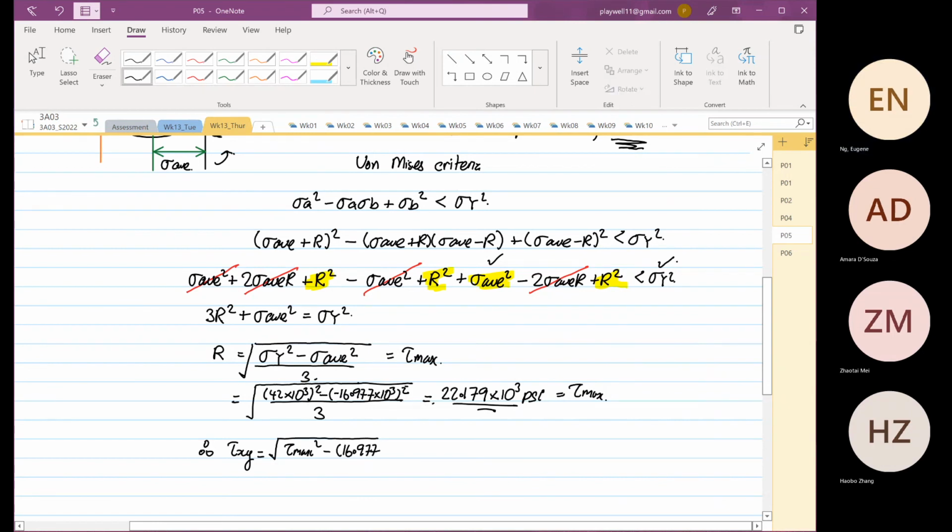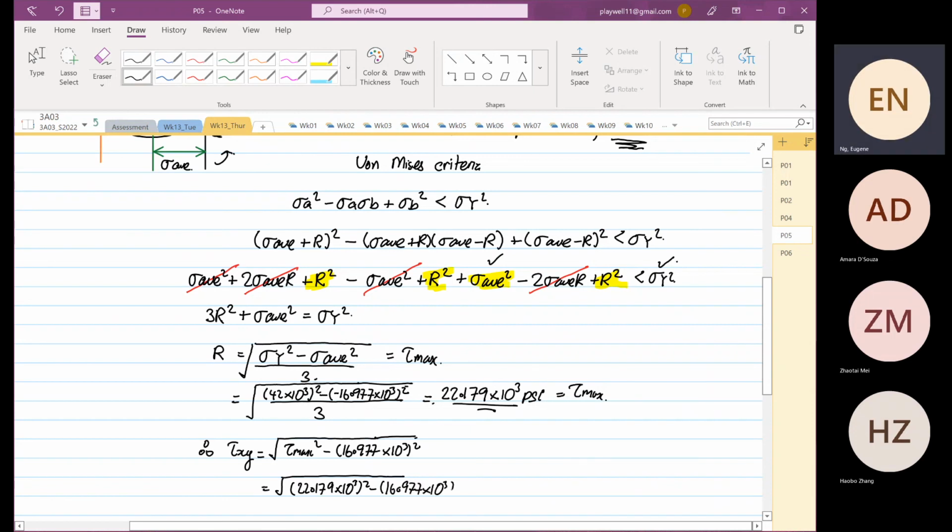So this will be equal to the square root of our maximum shear 22.179 times 10 to the power 3 squared minus 16.977 times 10 to the power 3 squared.